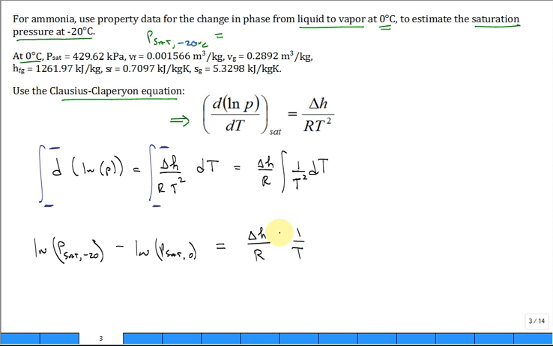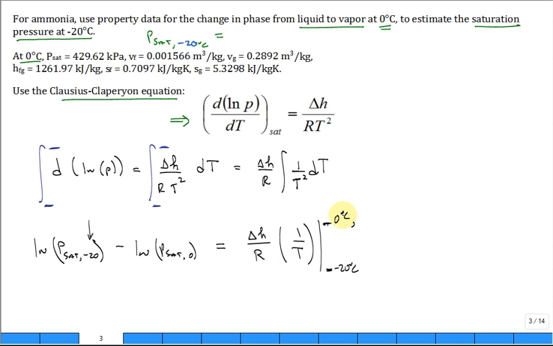I'm going to get rid of that negative sign in the lower limits up here and the upper limits right there. What was our consistent lower limit? That was at 0 degrees C, and consistent with the upper limit over here, it was negative 20 degrees C. Well, I think we're going to need to use Kelvin, so let's go ahead and use Kelvin.